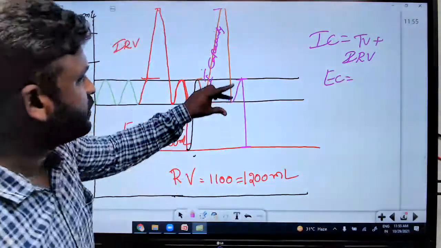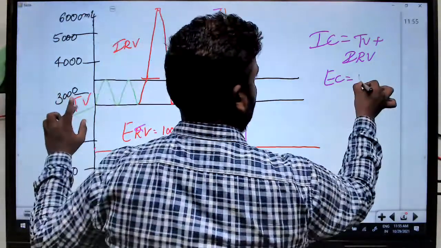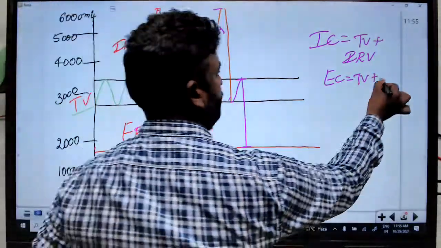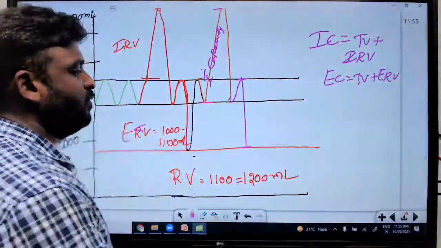Could you please check what is included here? Again, this is one volume, tidal volume, plus ERV. Very good. How much?